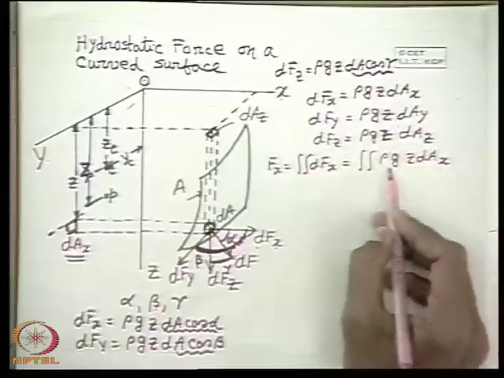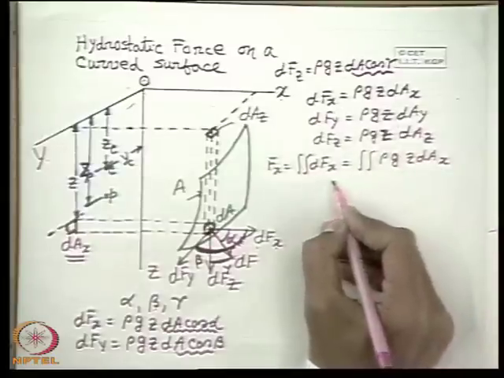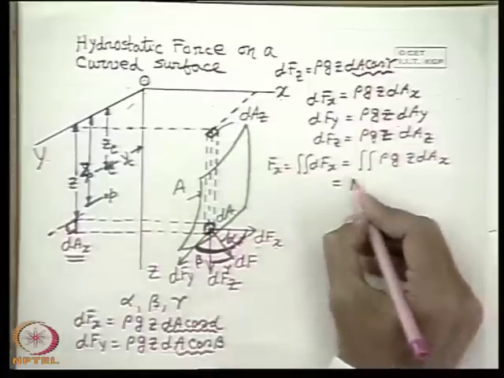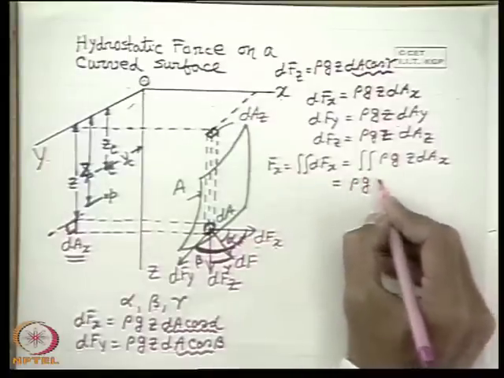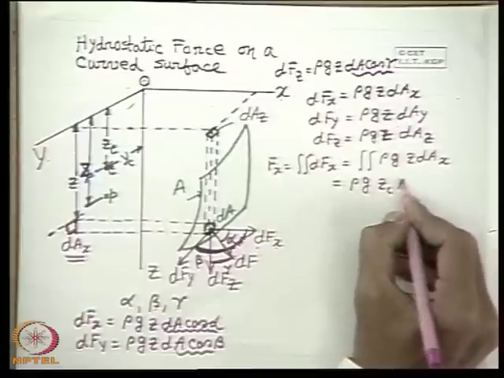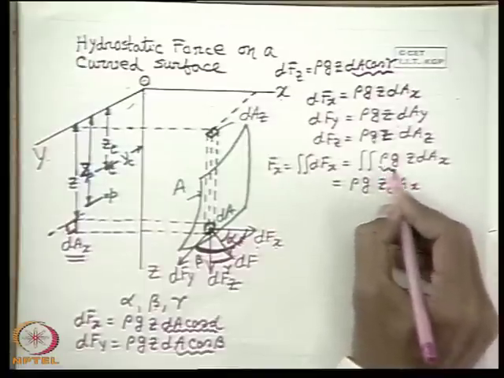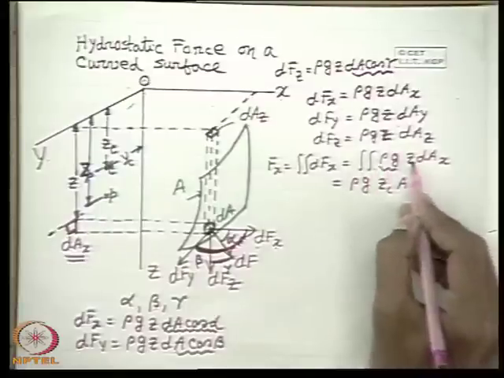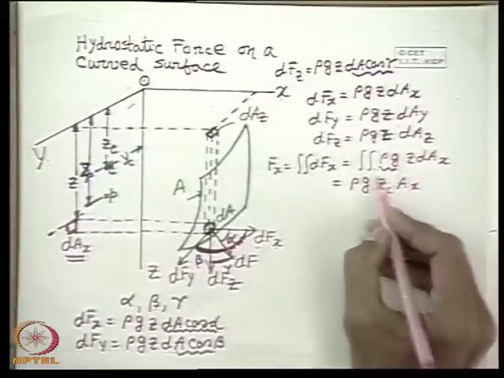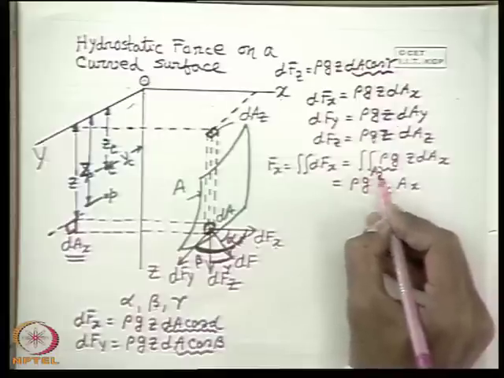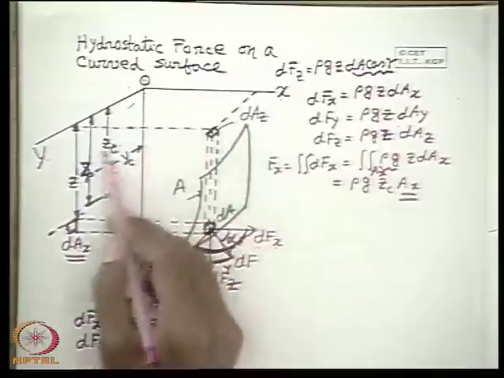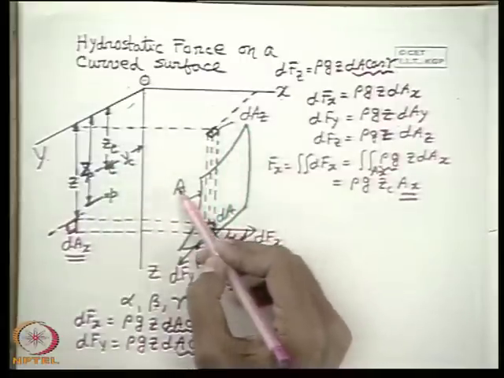So therefore you see rho g z dAx, now you can recall, considering a force on a plane surface, that this is rho g zc into Ax. Rho g is common. If you take rho g out, then the double integral z dAx is made over the entire area Ax, where Ax represents the projectional area of this entire curved surface area A.